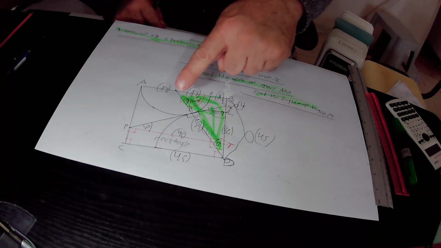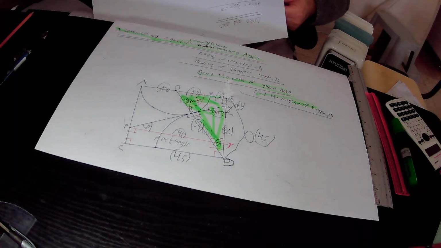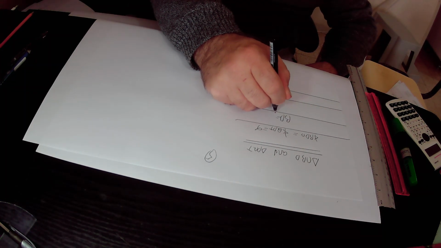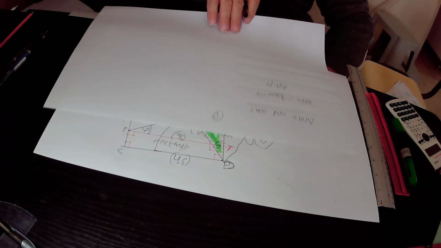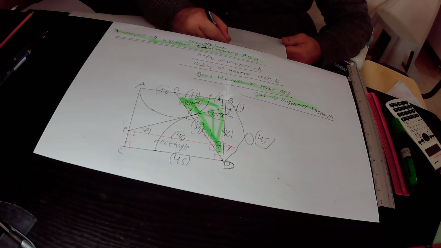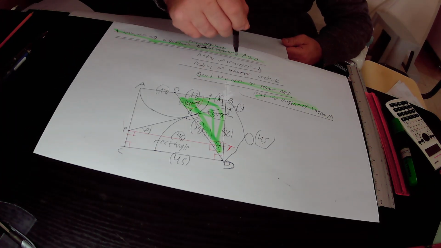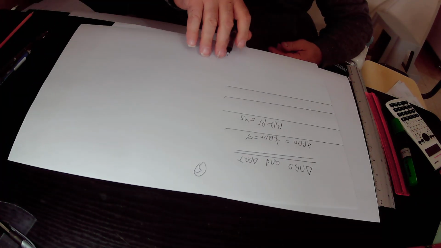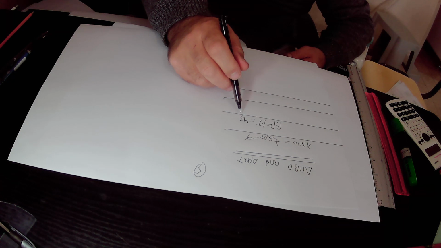BD equals PT, they are both equal to 45 units in their lengths, and therefore they are equal to each other.